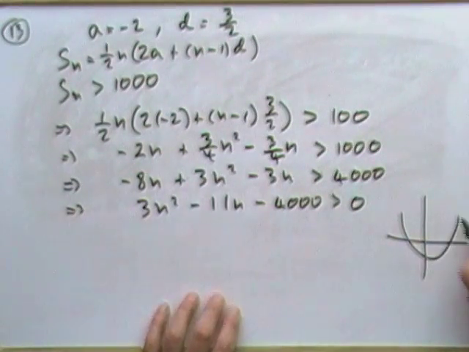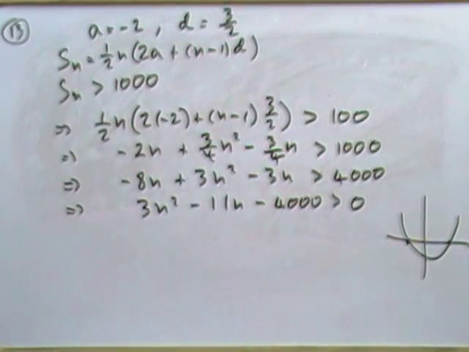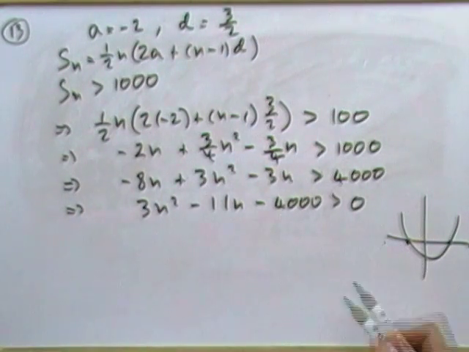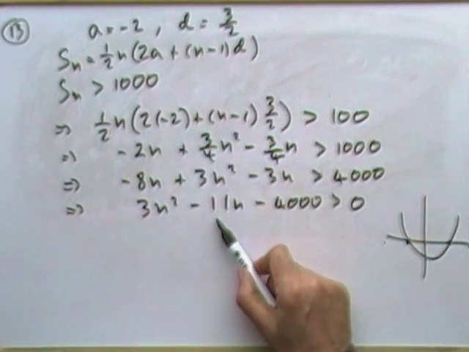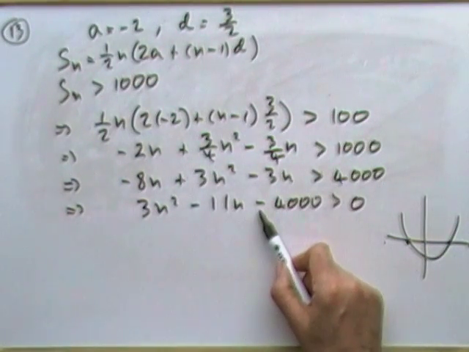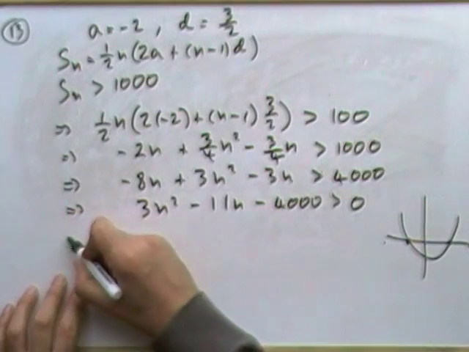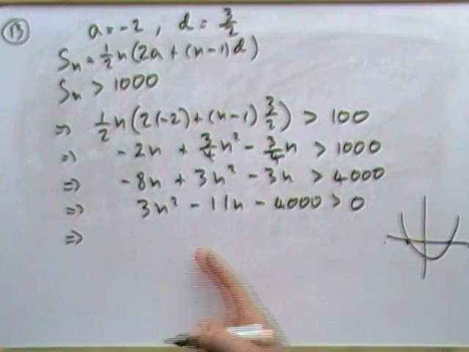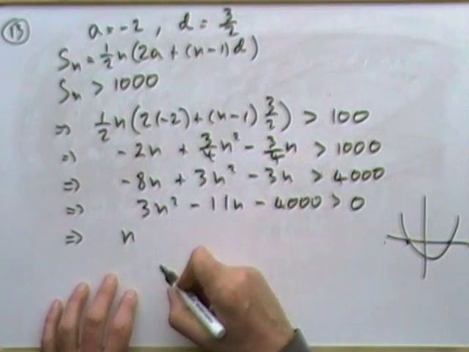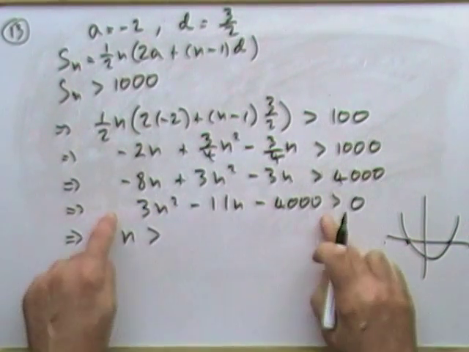Positive. There's going to be two values. It's going to be exceeding the upper root or below the lower root. And then 11 squared take away, which is plus that lot. I don't trust that that's going to factorise nicely, especially if it says find the least value. So we'll just find the value by using the roots, the quadratic formula.